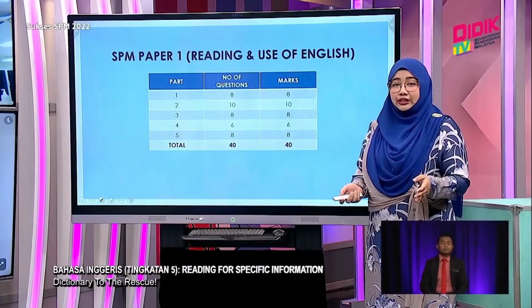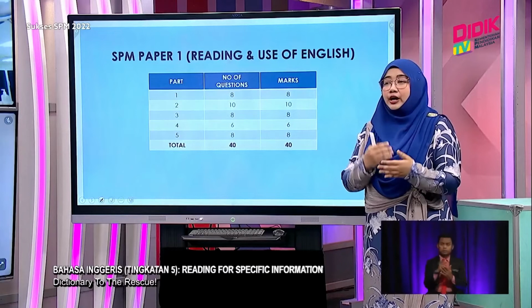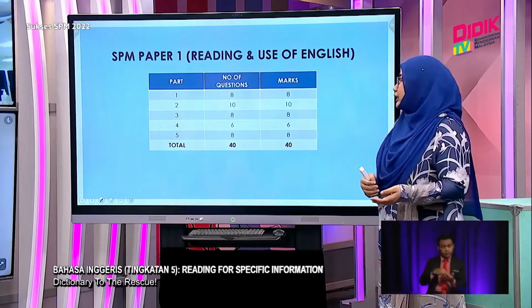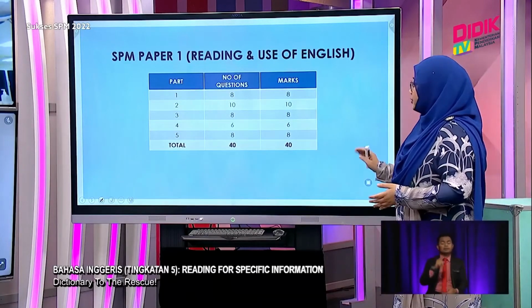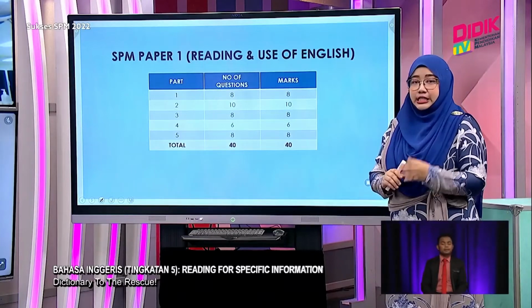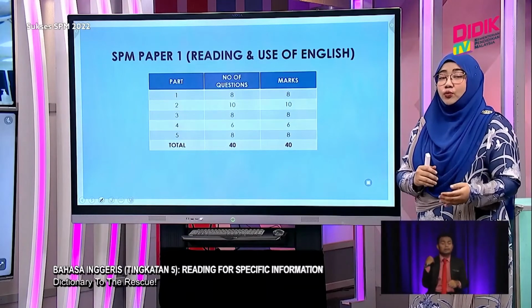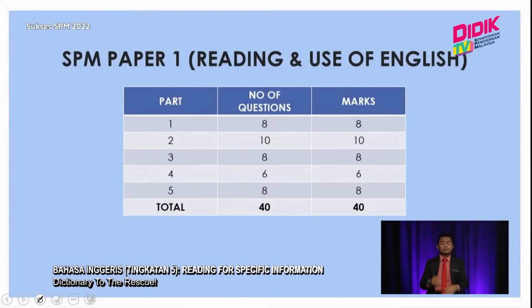So before we go any further, let us just review SPM Paper 1, Reading and Use of English. As you could see here, there are 5 parts in total. For part 1, there's a total of 8 questions and it also carries 8 marks. Next, for part 2, there's a total number of 10 questions and it carries 10 marks.